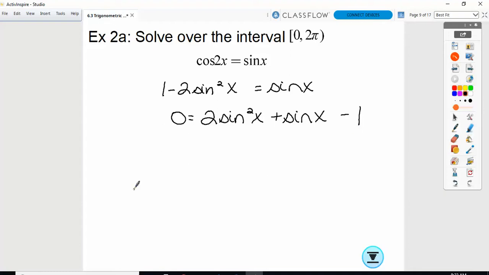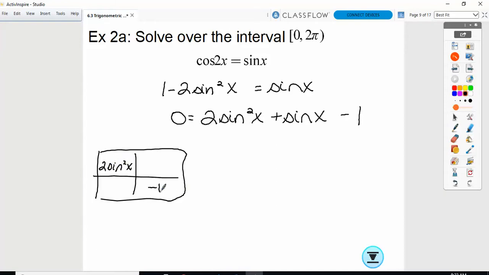We have to do the full box because my first coefficient isn't 1. So those multiply to -2, add to +1. We do 2 and -1. Factor.